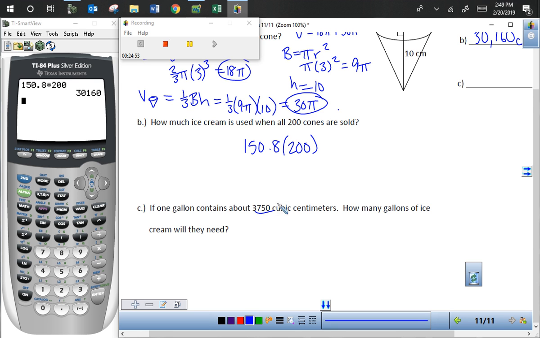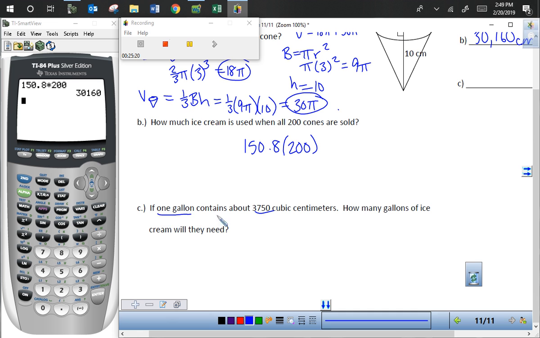We want to know how many gallons of ice cream they will need to serve these 200 ice cream cones. A lot of times when we're dealing with numbers that aren't our basic conversions, feet, inches, things like that, it's useful to set up a proportion in order to decide whether we need to multiply by that 3,750 or divide by it.